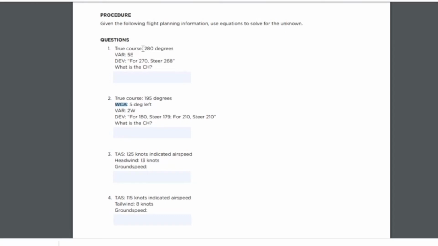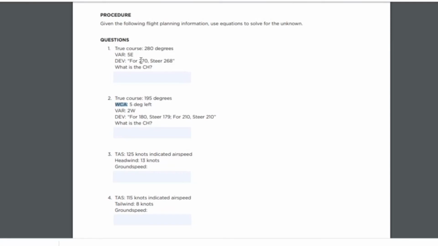So if we finish up question number 1, 280 degrees, saying that our true course and our true heading would be identical, then what we're going to do is convert our true heading into a magnetic heading by correcting for the variation, and then correct our magnetic heading to a compass heading for deviation. So 5 degrees east variation, east is least, we'd subtract 5 degrees, which means now we have a magnetic heading of 275.